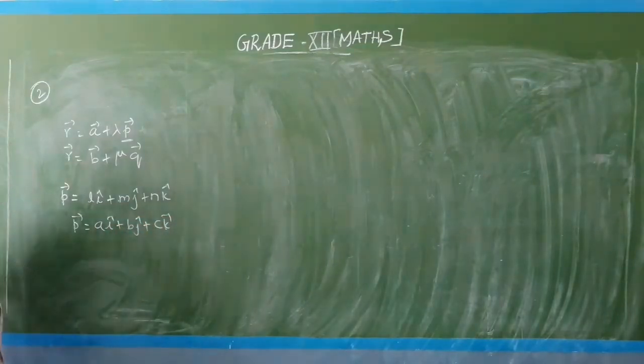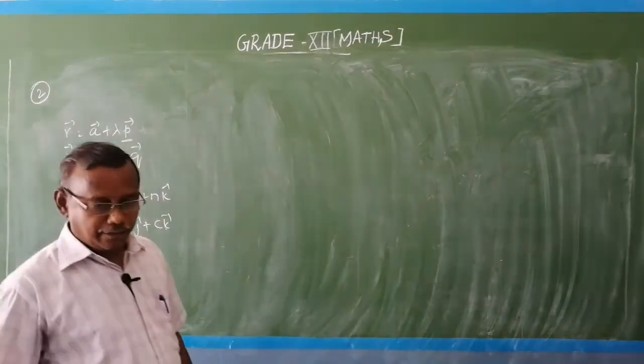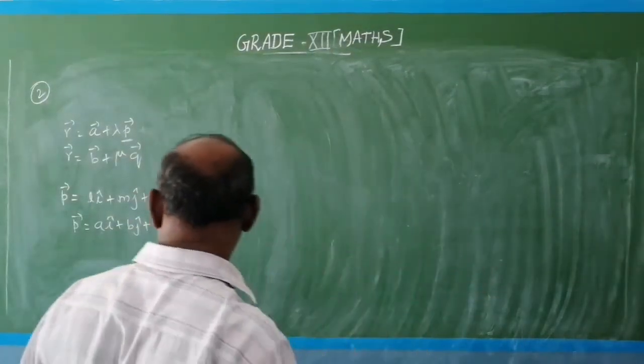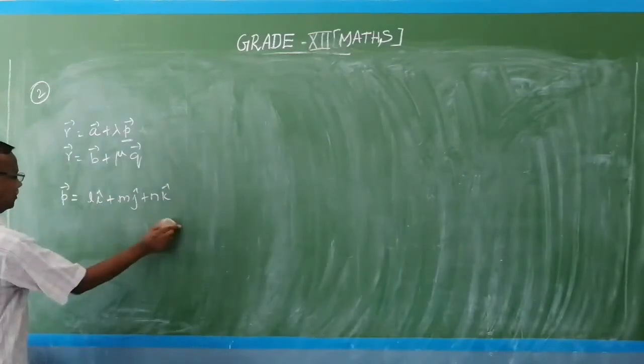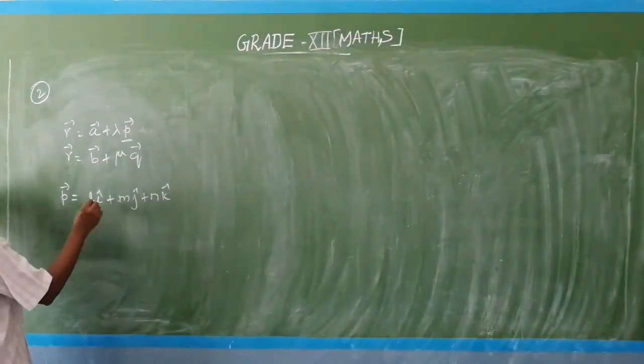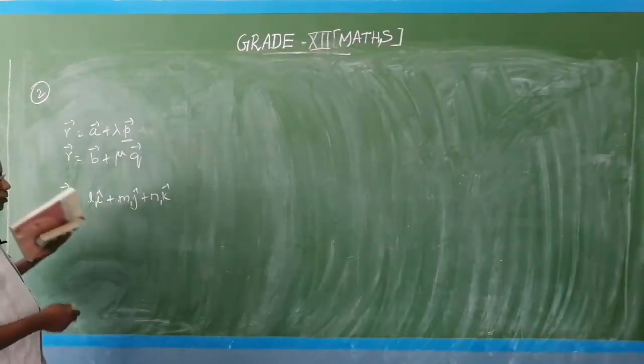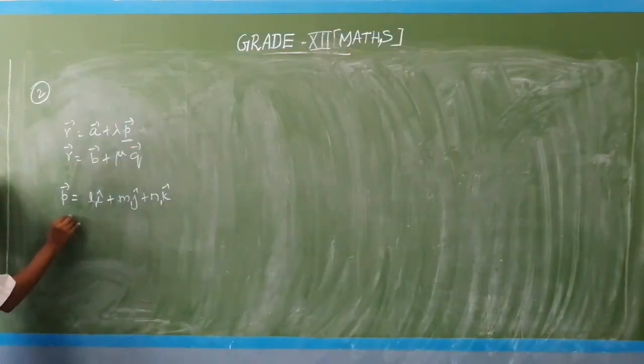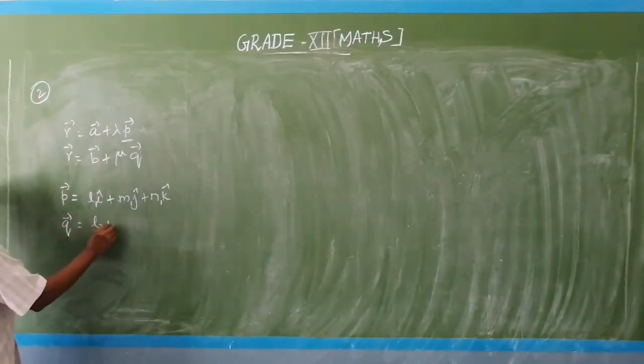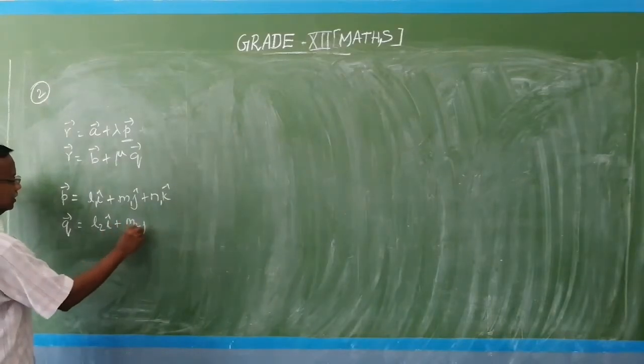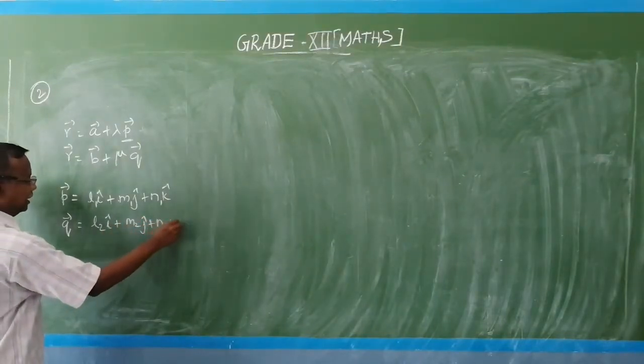But since we are given the direction cosines, we have p vector equal to l1 i cap plus m1 j cap plus n1 k cap, and q vector equal to l2 i cap plus m2 j cap plus n2 k cap.